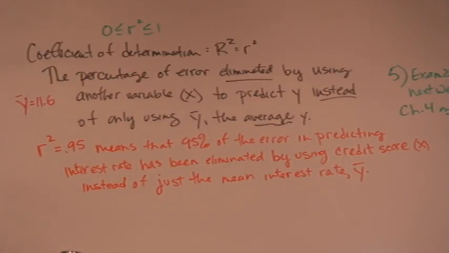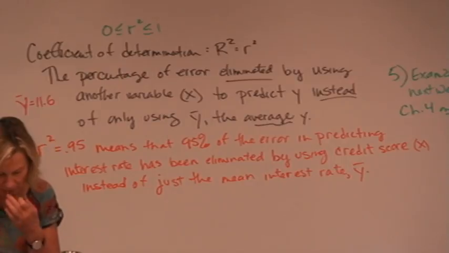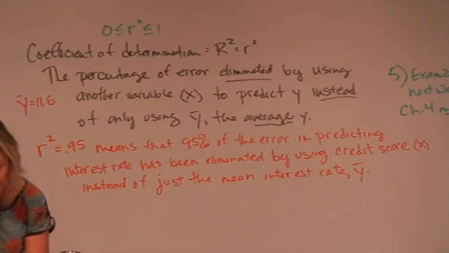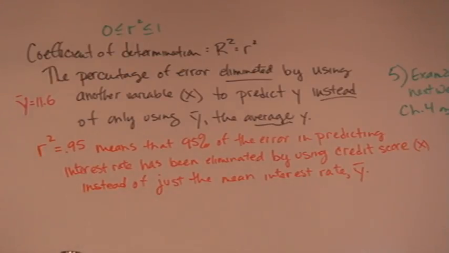So that's one of our last calculations or steps that we're going to want to look at. The last of which we talked about just briefly last time, which was the residual plot.